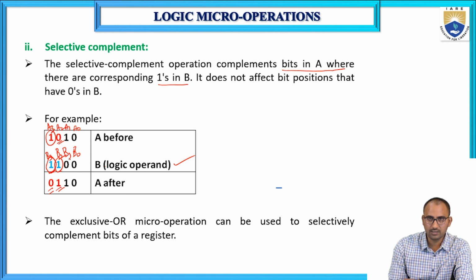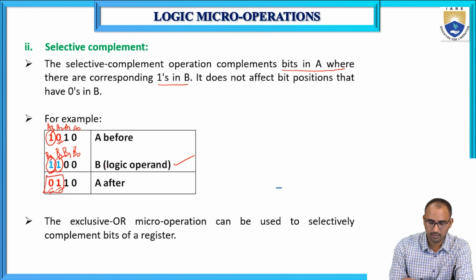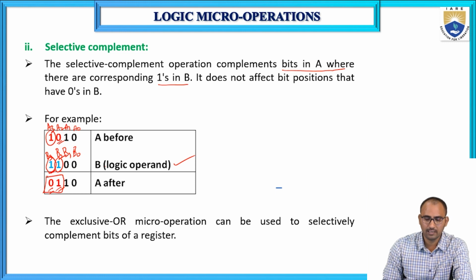We are not complementing the entire register. Only selected bits will be complemented. That's why it is called selective complement.